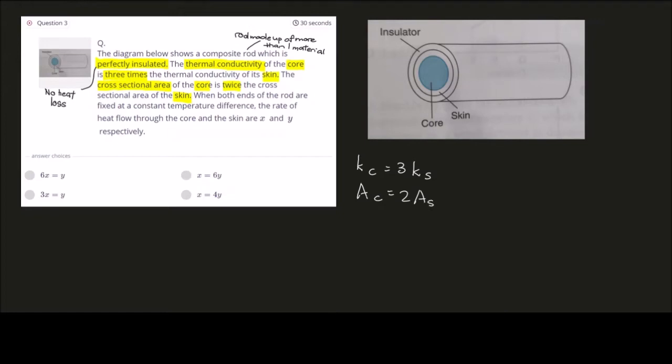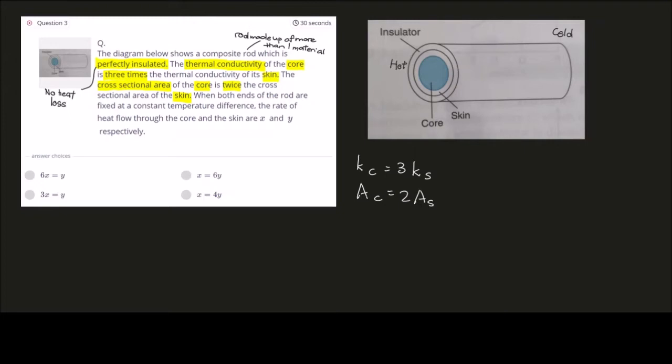Okay, so when both ends of the rod are fixed at constant temperature difference, it means, let's say this is the hot side, then this is the cold side, then both the core and the skin will face the same hot temperature at one end, and they will face the same cold temperature at another end.